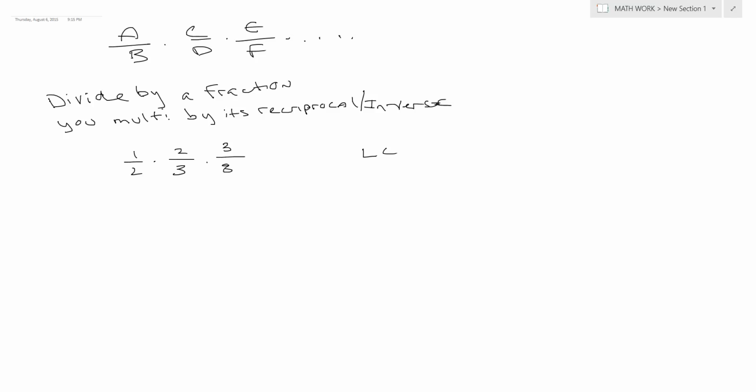No, LCD is not used when multiplying and dividing fractions. It's only really reserved for adding and subtracting fractions, right? So you're not trying to find an LCD. We can multiply across, and we'll get some number over some number, and you can even reduce in the meantime, right?